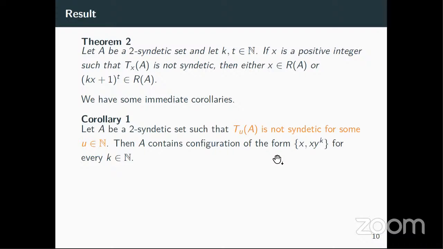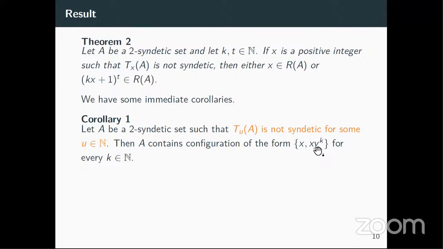Because we are unable to prove whether any two synthetic set contains a three-term geometric progression or not. Recently, in a few papers, there are only few results about two synthetic sets and three-term geometric progressions. So these results may help to produce such a family actually. So this is why we are interested in this type of configuration.